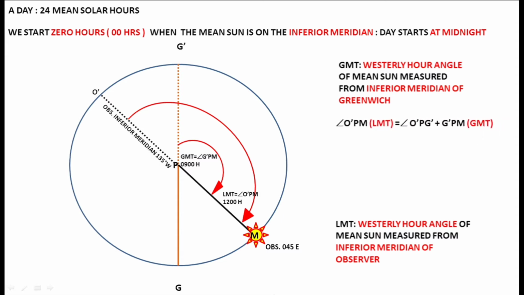Here you can see that O dash P and M, that is your LMT, is equal to O dash P G dash plus G dash P and M, and G dash P and M is GMT.